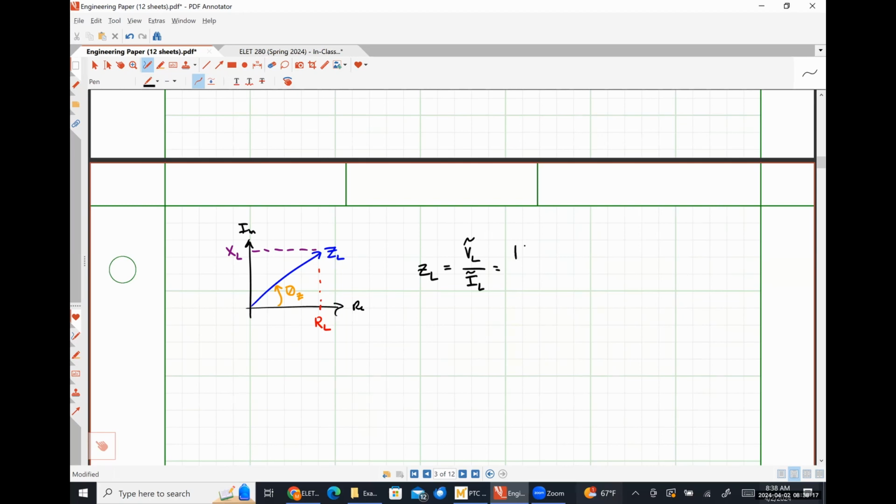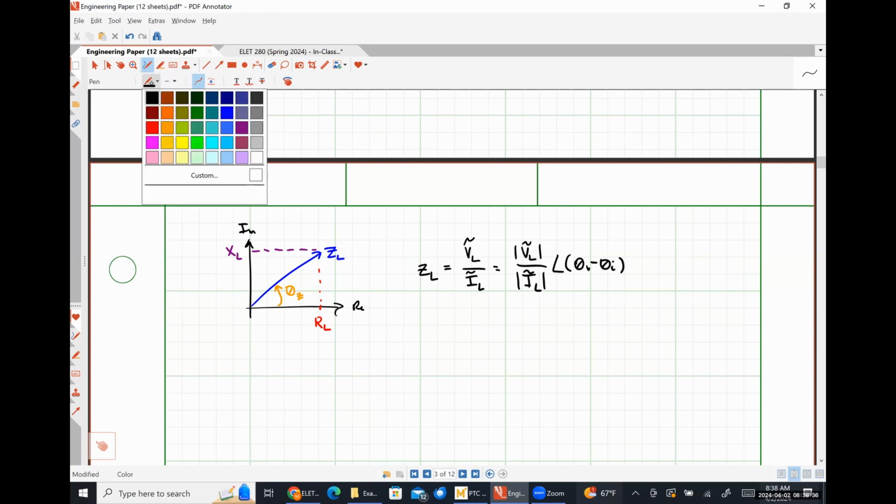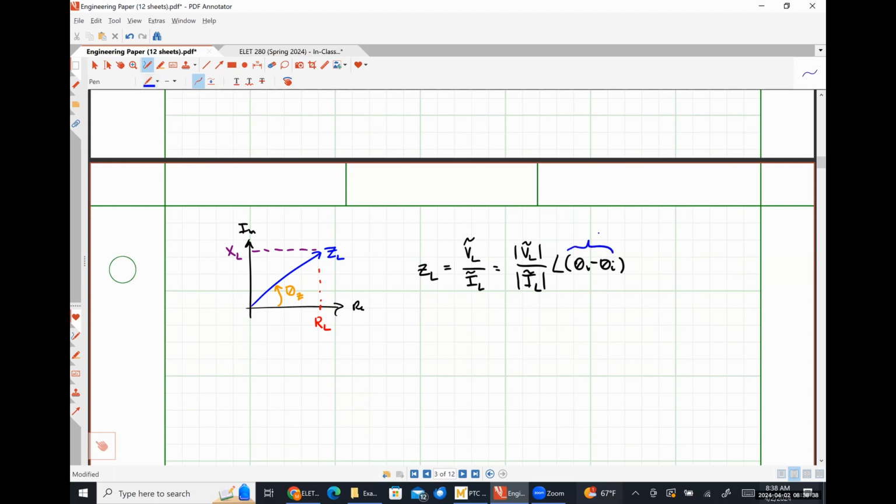Well, this would just be the magnitude of VL divided by the magnitude of IL with an angle of theta V minus theta I. So that theta V minus theta I there is just theta Z.